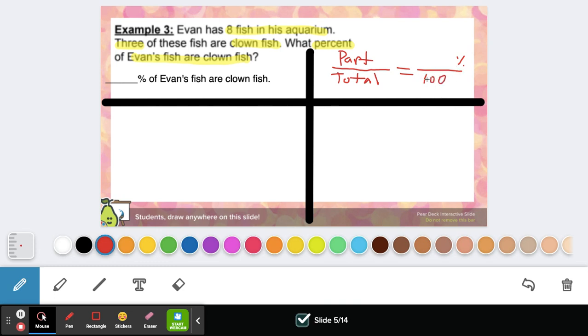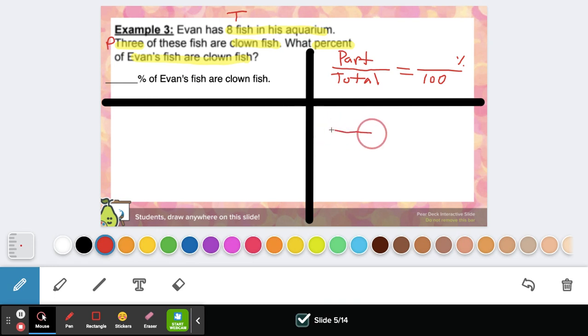Okay, so again, Evan has 8 fish. So if he has 8 fish, is that my part or my total? So I'm going to make that T as my total because that is all the fish that he has in his aquarium. And I know from those fish, part of it, so P is my part, are clownfish.